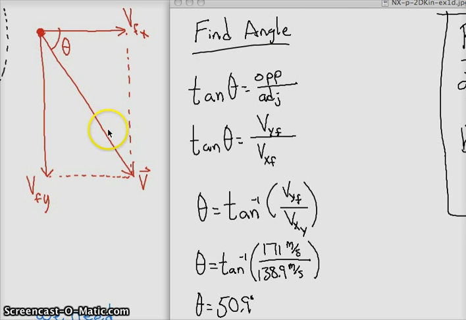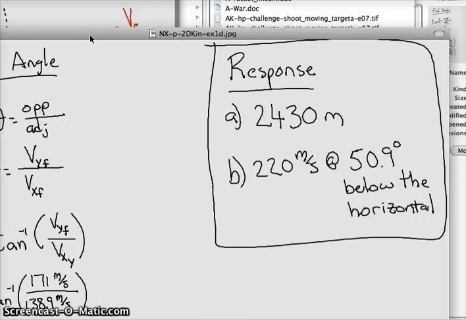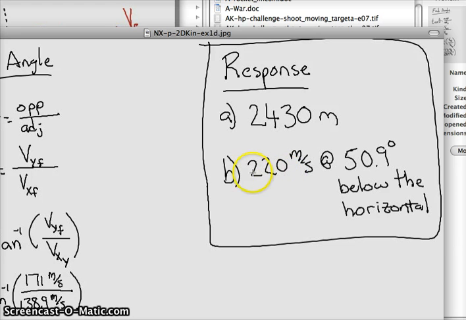Once we find the magnitude, we can then use a little bit of our trig identities to find this angle. And so I've done that here. Again, we should be pretty familiar with those trig identities. So in the end, what do we end up with? Well, we end up with a velocity which has a magnitude of 220 meters per second, and it's at an angle of 50.9 degrees below the horizon.